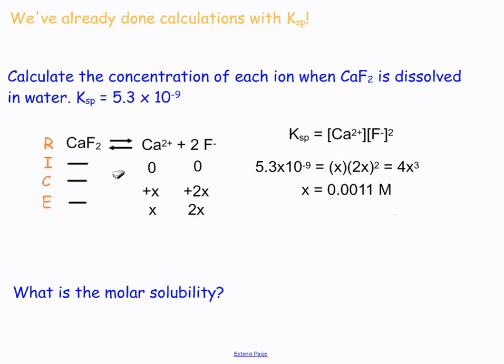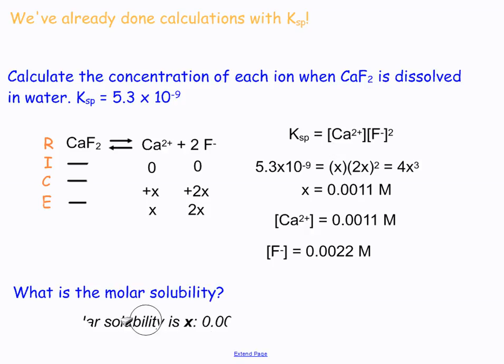That allows us to figure out the calcium ion concentration. And it allows us to figure out the fluoride ion concentration. But the second question, what is the molar solubility? It turns out when you want to know how many moles of the substance dissolve per liter, that's the definition of molar solubility.